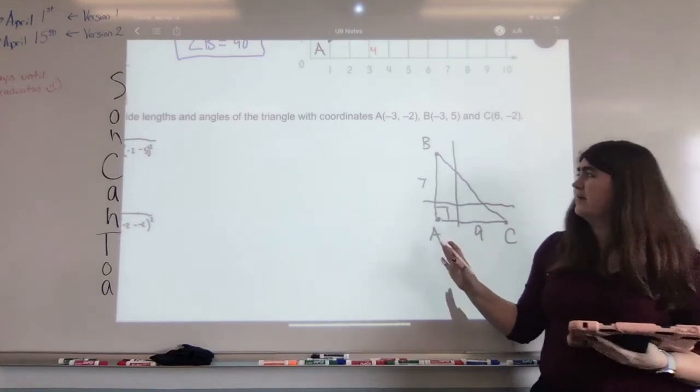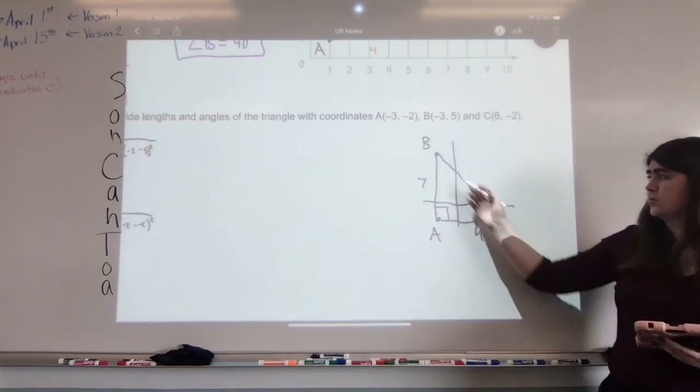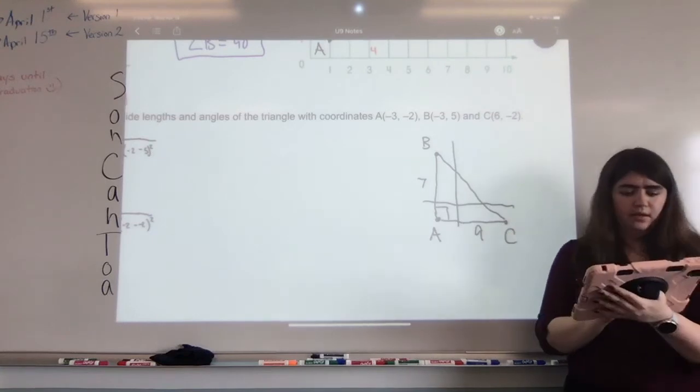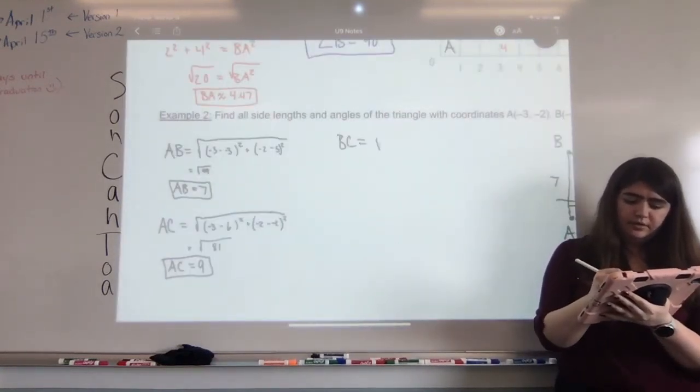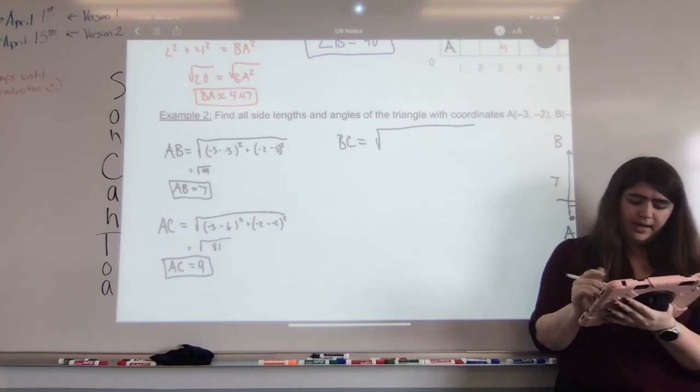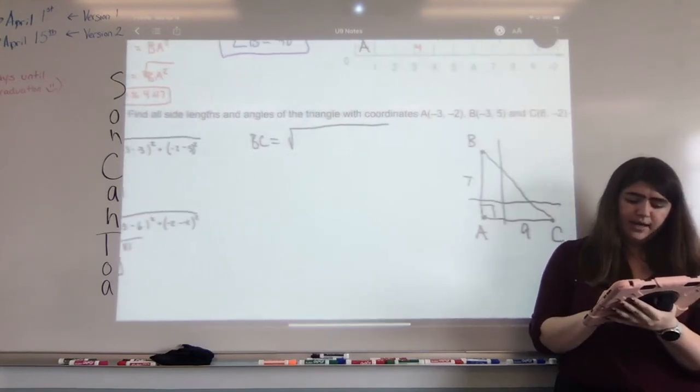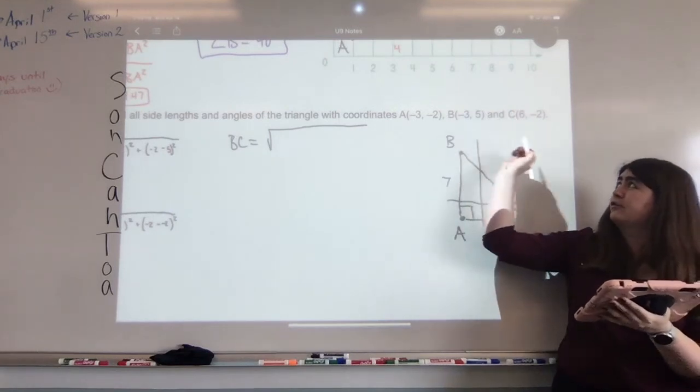Now the only thing that's left is to solve for our hypotenuse, which will be BC. So BC is then equal to the square root of my B's minus my C's. X's first, then Y's.